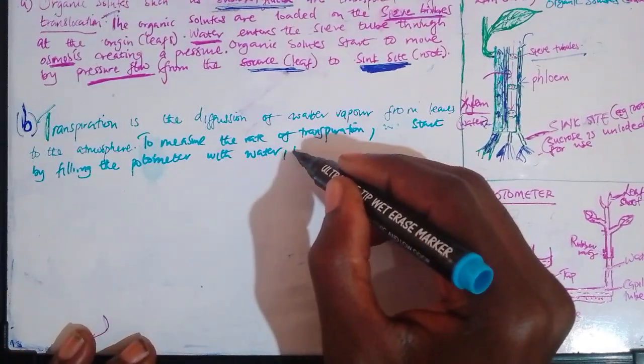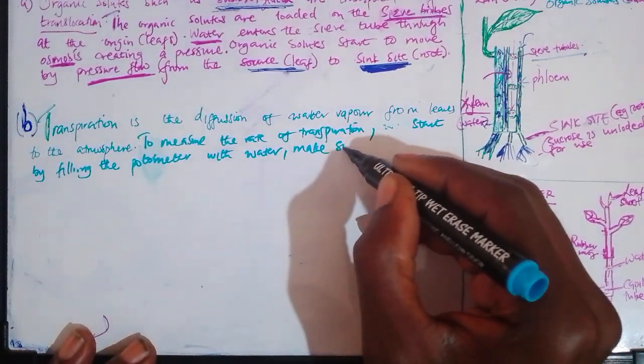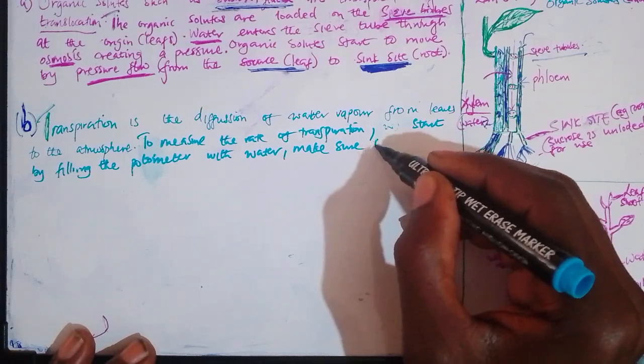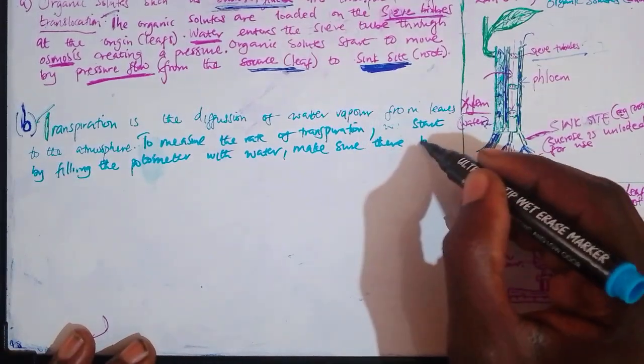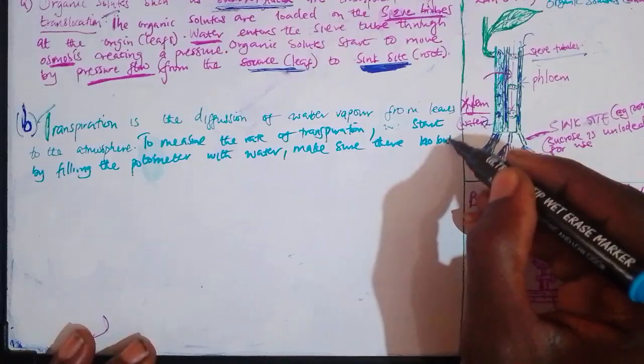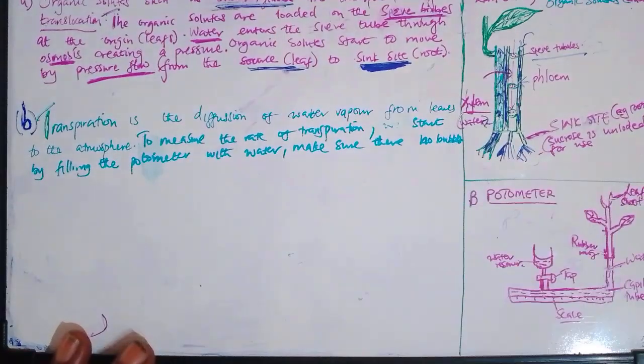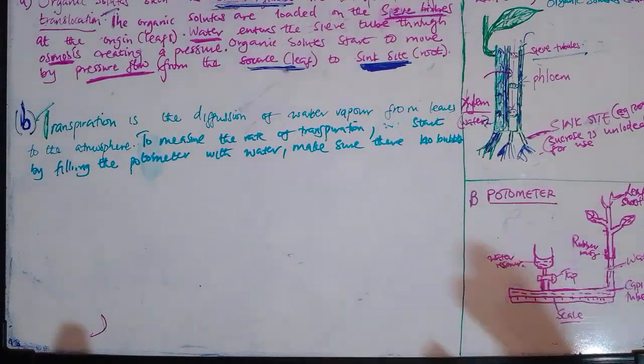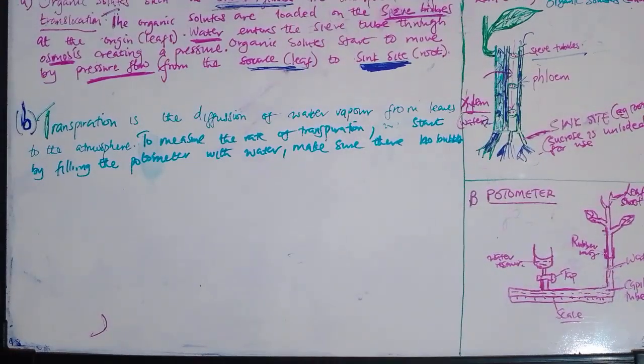And here you have to make sure there are no bubbles. Make sure there are no bubbles. Because the bubbles, they can affect our reading. So that's the first step.